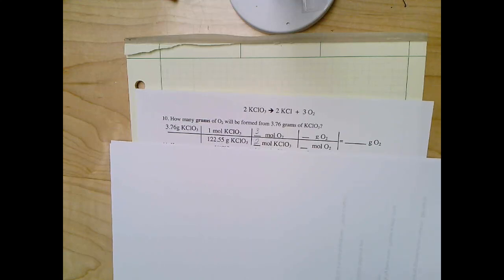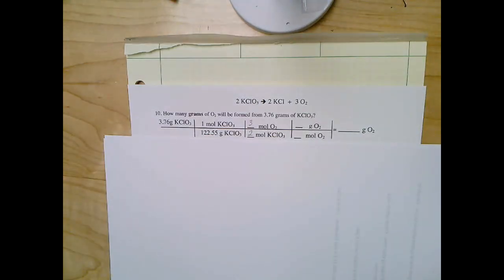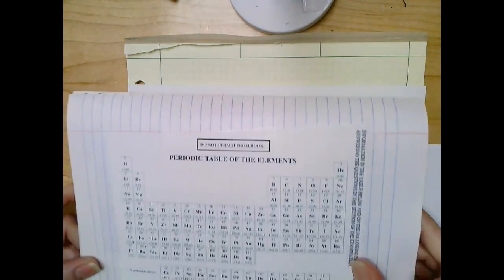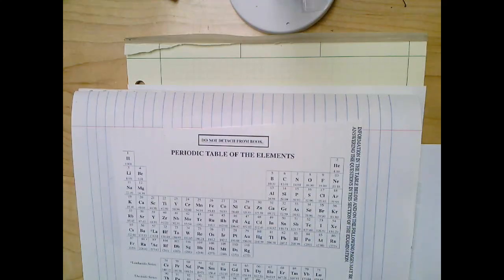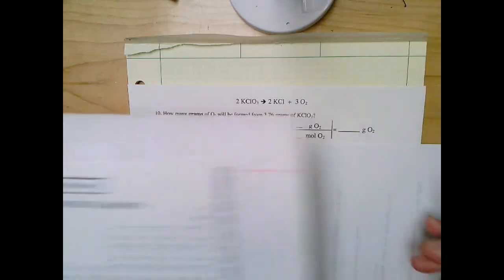And then we have to think about the formula for oxygen. When we look at oxygen on the periodic table, it says 16.00. But that's just for one oxygen atom.